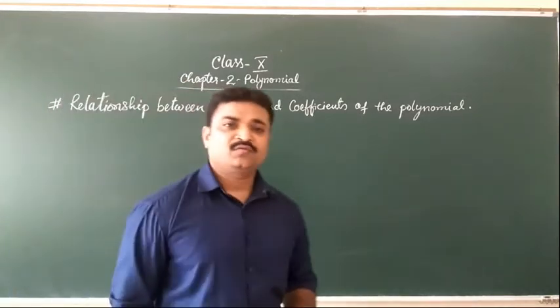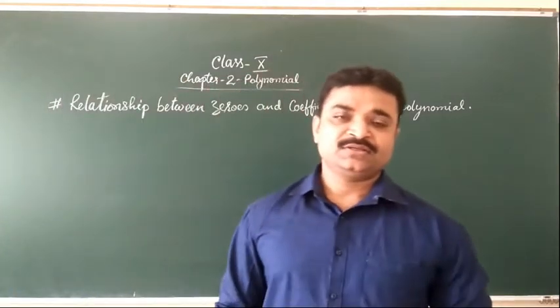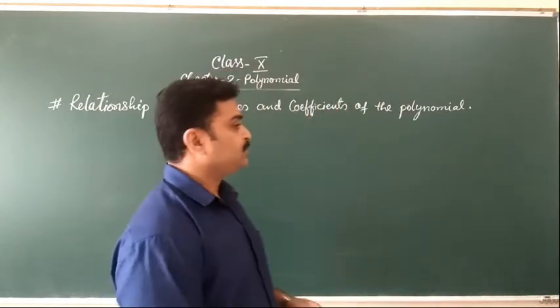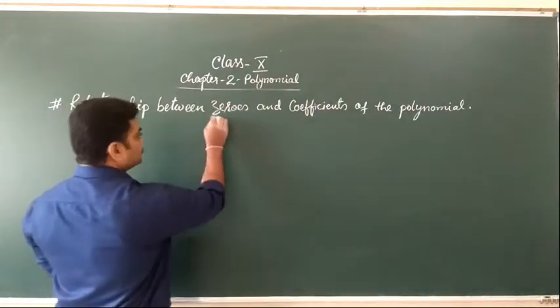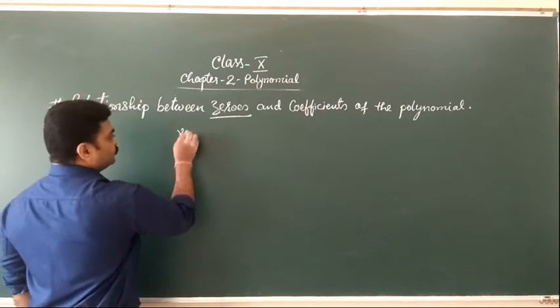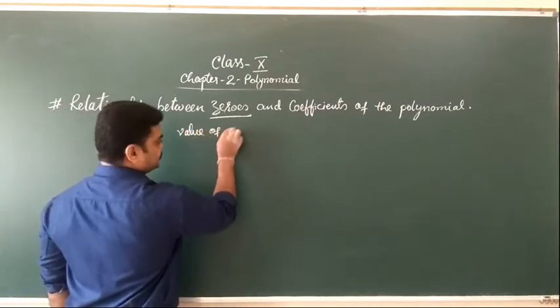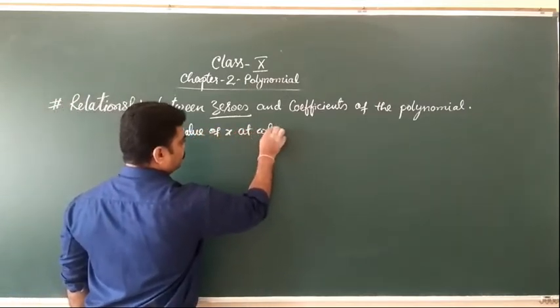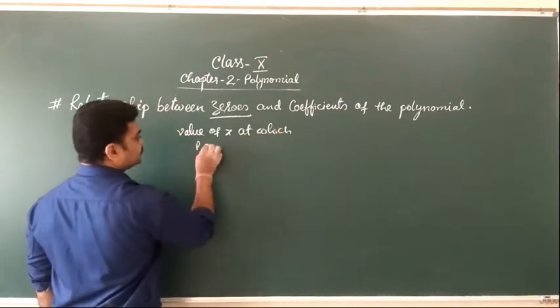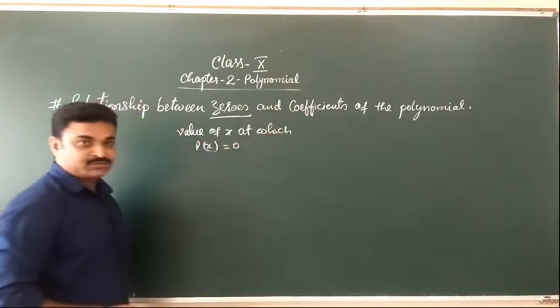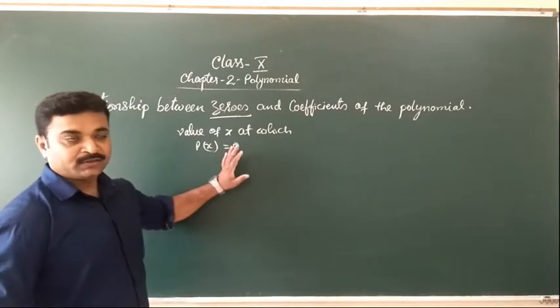Now, students, we find the relationship between zeros and coefficients. So, what are zeros? Zeros are the values of x at which p(x) becomes 0. You know it very well.